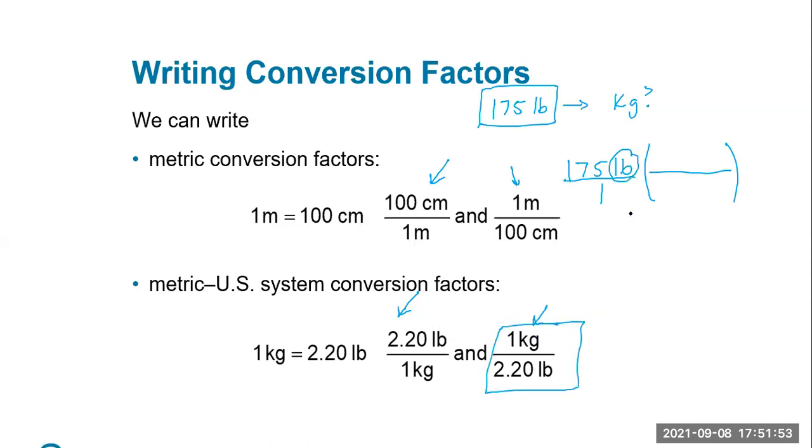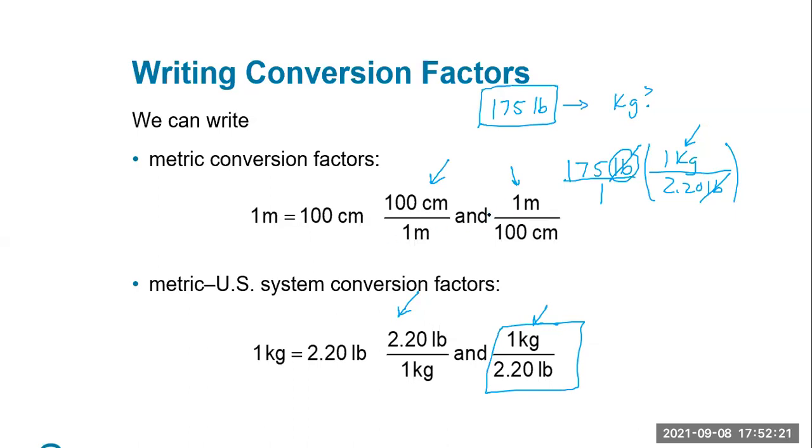So we would want to use this particular conversion factor here, 1 kilogram on top, 2.2 pounds on the bottom. Now, we will divide out pounds by pounds, so those units cancel. The only unit left here is kilograms, which are on top. We are going to multiply everything on top, which is 175 times 1, and divide it by the number on the bottom, which is 2.2.